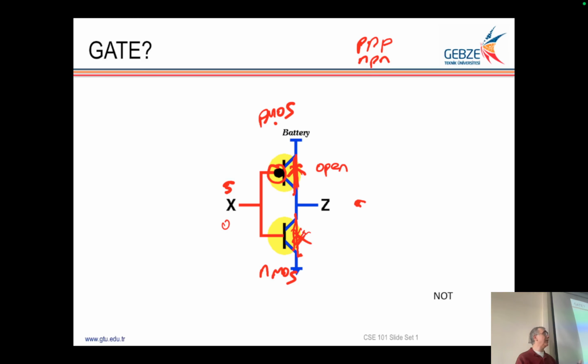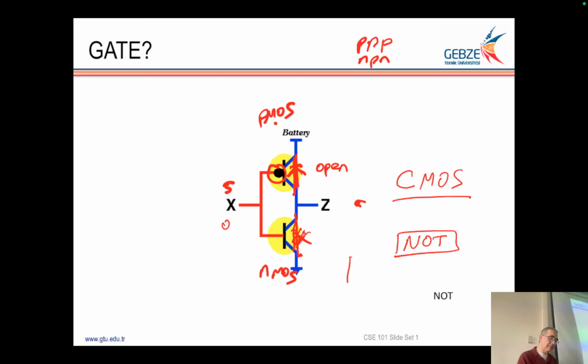So without spending any current, except charge transfers, I can open and close a gate. So this is what I call CMOS. And this is CMOS NOT gate.